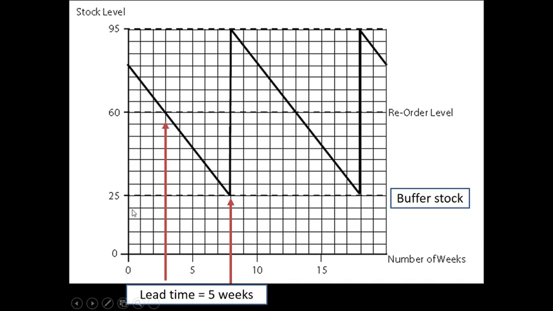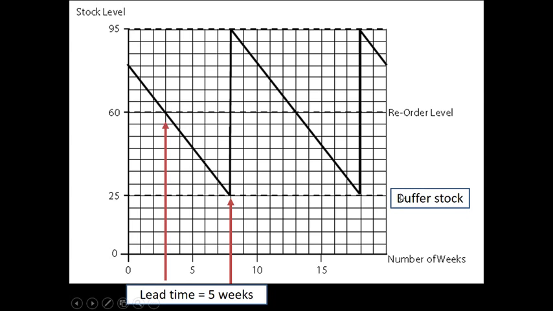This point here, 25, is also significant, because you'll notice that in theory the business does not want to go below this level of stock. If they know it takes 5 weeks, and that's the difference of time between 60, which is the reordering level, and 25, this business does not want to go below having 25 units in stock.